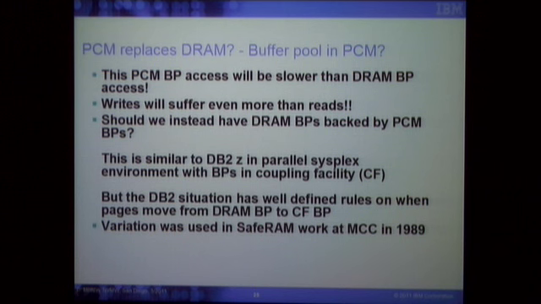And you could choose to put the more frequently accessed data or the data with the greater response time requirements into the PCM buffer pool, and the slower thing could be put into the DRAM buffer pool. But here again, the issue is the writes into such a PCM buffer pool will suffer because of the greater time it takes to do the write.